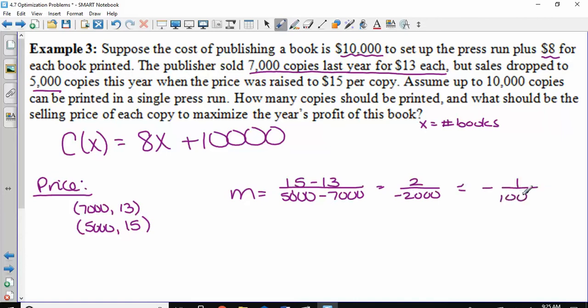So slope is y sub 2 minus y sub 1 over x sub 2 minus x sub 1. So my slope is negative 1 over 1,000. So to write the equation, you pick one of your points and your slope, plug into y equals mx plus b.